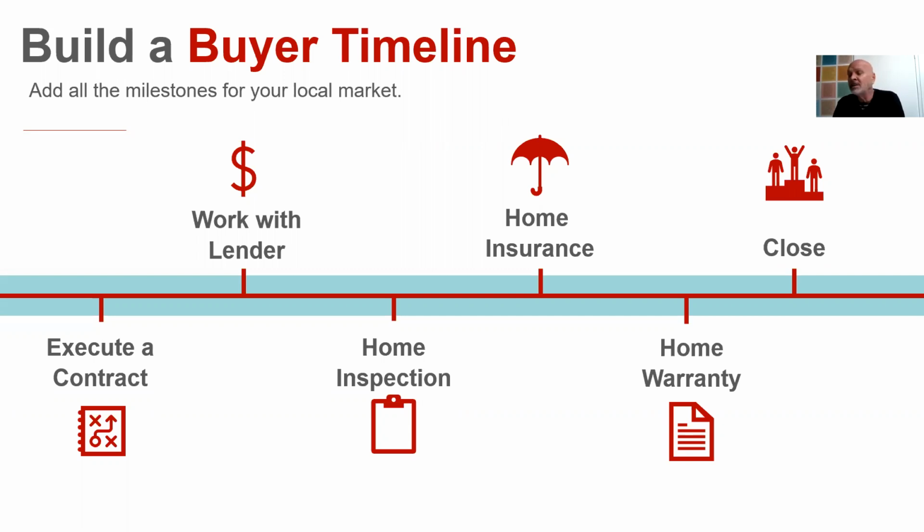And home warranty, if it's part of the contract, gets administered. 9A report is a local report that gets delivered to you prior to that. It's part of the disclosure package. And hopefully the seller has delivered all of their disclosures in a timely manner, right?